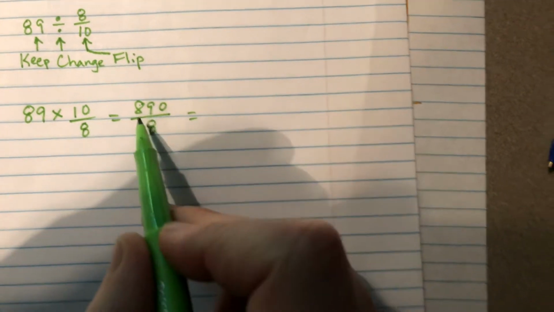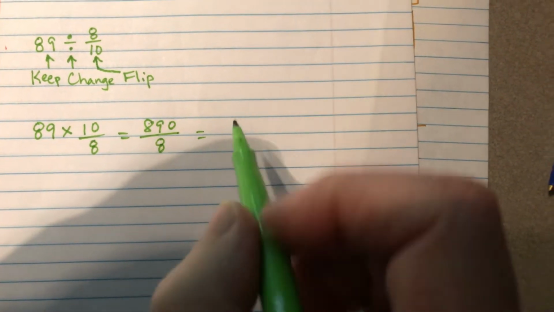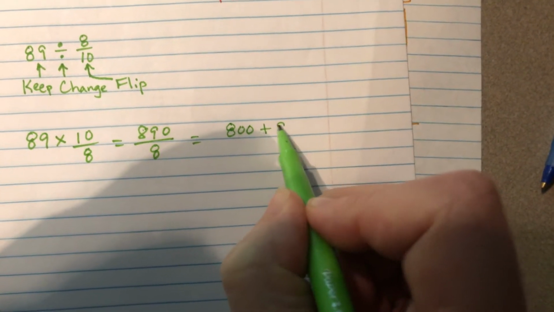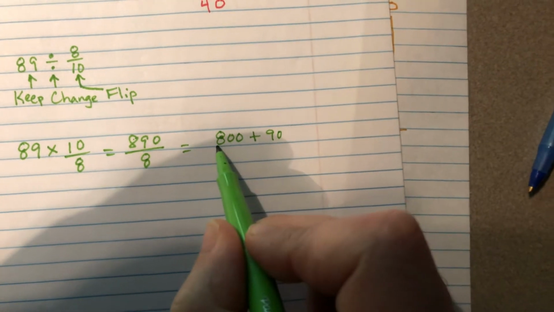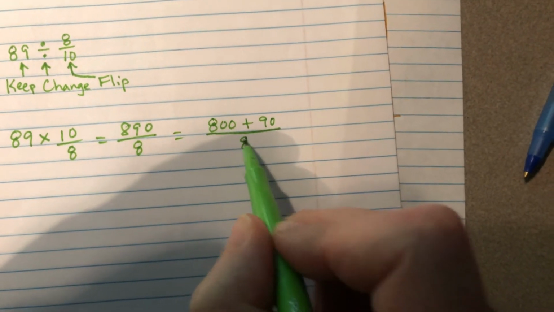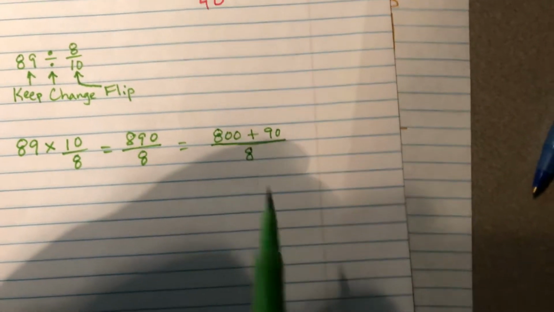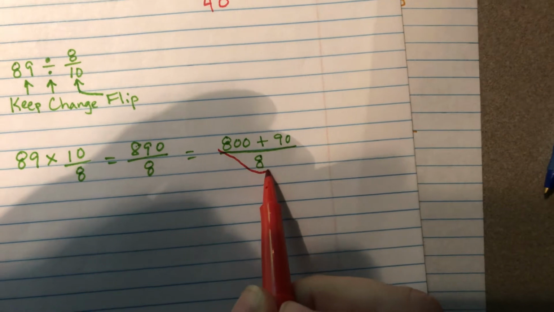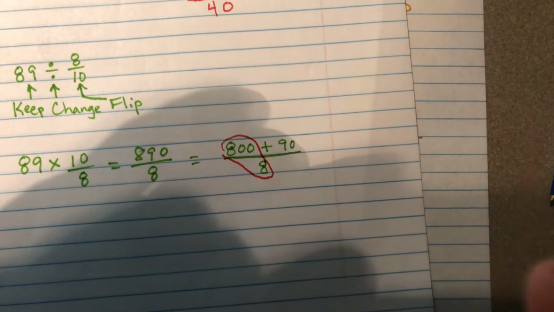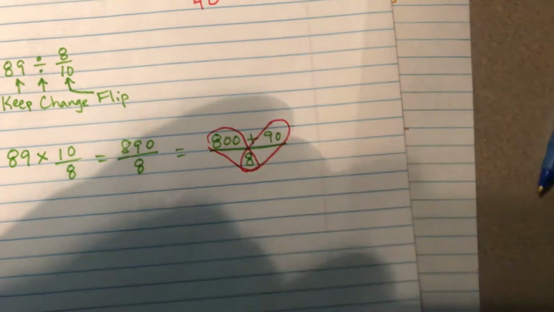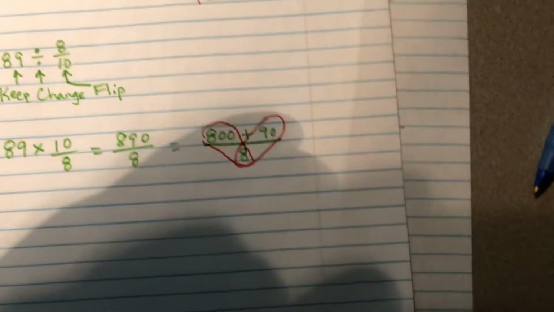One trick is you can split 890 into two parts, 800 plus 90. The reason I did it that way is because I know I can divide 800 by 8 easily. And now what you have are two fractions: 800 eighths plus 90 eighths. And then you can work that out.